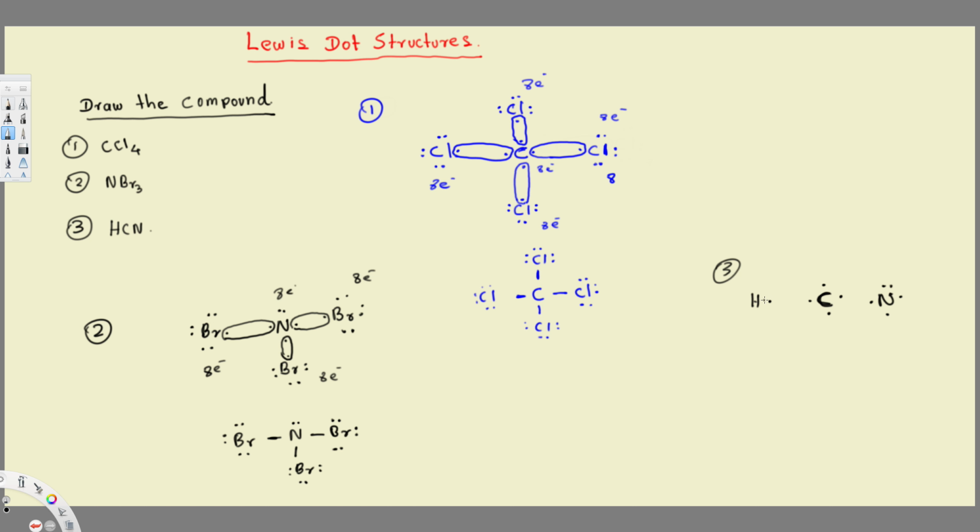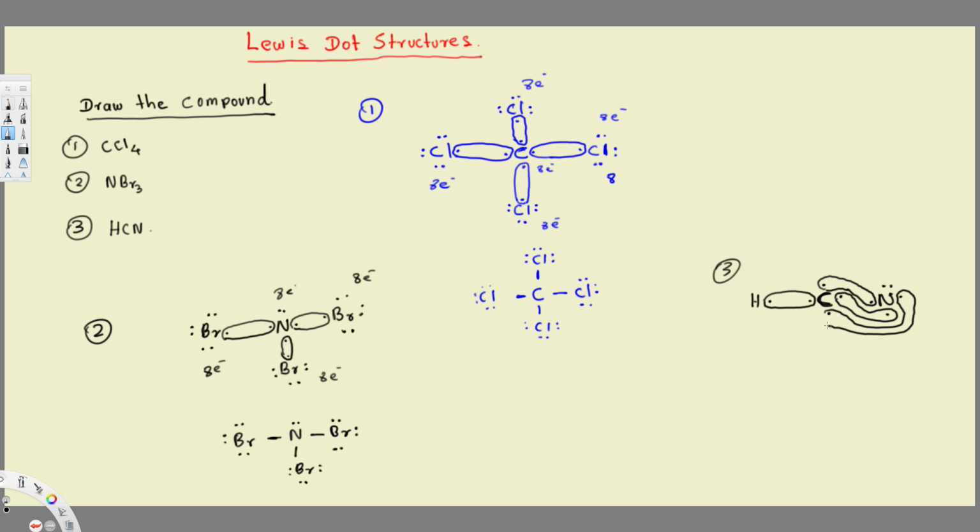And this one, because hydrogen can only have 2 valence electrons, that is the maximum it can have. And here we have carbon with 3, nitrogen with 5. So what's going to happen here? If you imagine that this electron will pair with this one, and this one will pair with this one, and this one will go and pair with this one.